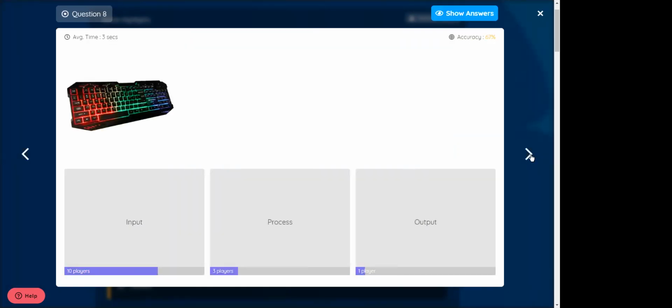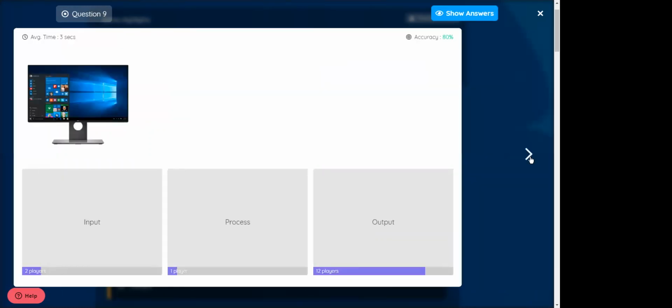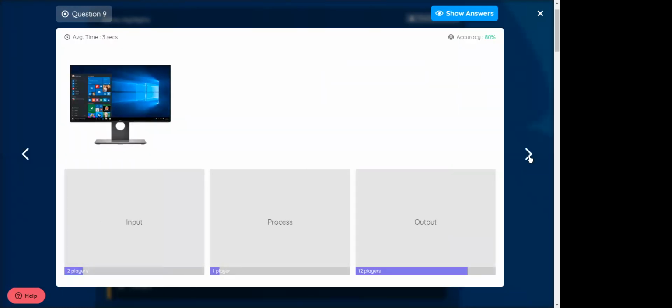What is the picture over here? Keyboard. Is it an input device, a process device, or an output device? Input device. Next, what is the picture over here? Monitor. What kind of device is that?